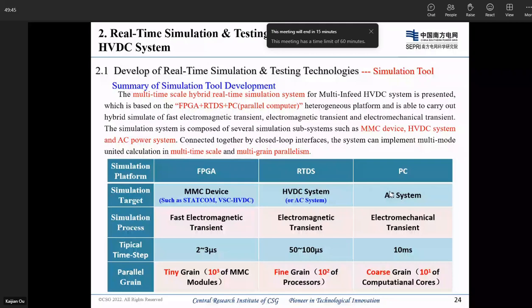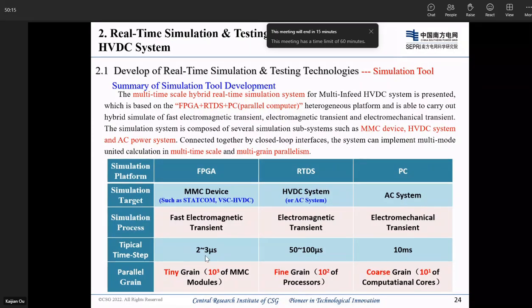And for the simulation type, FPGA is very fast. RTDS is for EMT simulation. For PC, it's TS simulation.